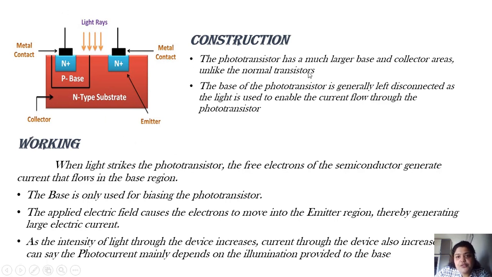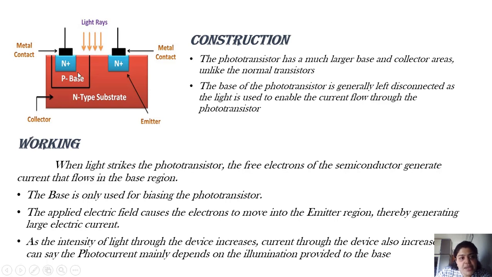In construction, the phototransistor has much larger base and collector areas, unlike the normal transistor. The base of the transistor is generally left disconnected as the light is used to enable the current flow through the phototransistor. So how does it basically work? Whenever light is incident on this PN junction, what will happen?